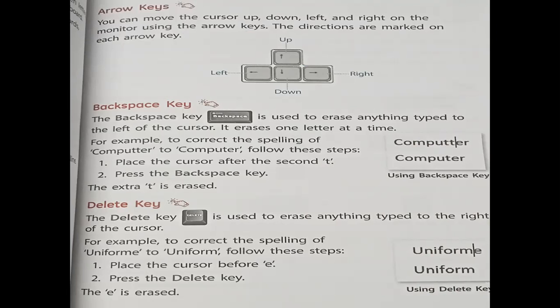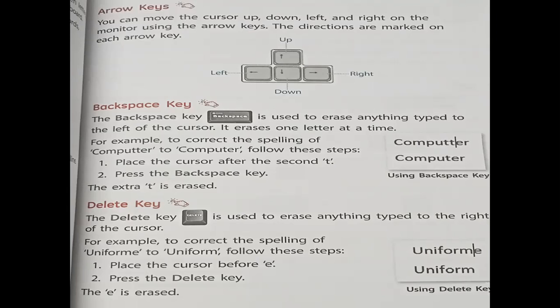We will follow these steps. हम cursor को कहाँ place करेंगे? हमारा जो second T है उसके right में, after second T we will put the cursor. फिर press करेंगे backspace key, and the extra T is erased. Now extra T जो है वो erase हो जाएगा.